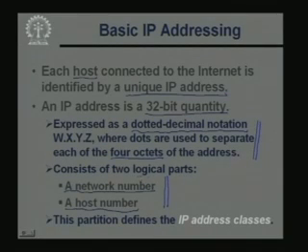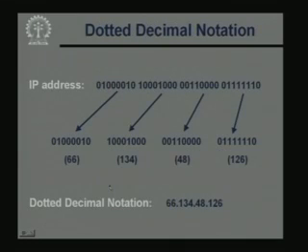Now, this division of an IP address into 2 logical parts, network number and host number, can be done in a very systematic way, we shall see very shortly. There are something called IP address classes which are defined. Okay. We can use these IP address classes for this kind of logical division. Well, first let us look at the dotted decimal notation with the help of an example.